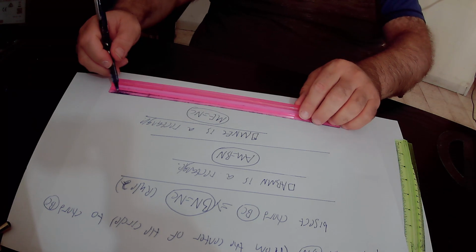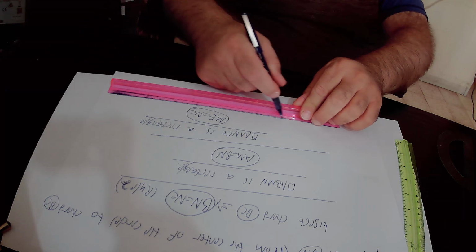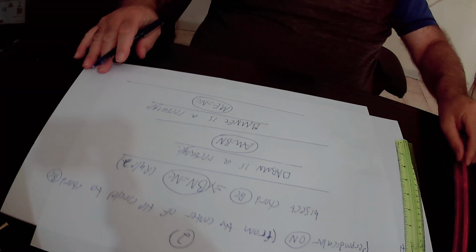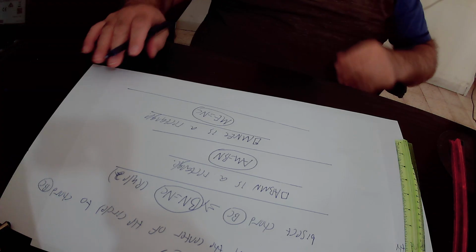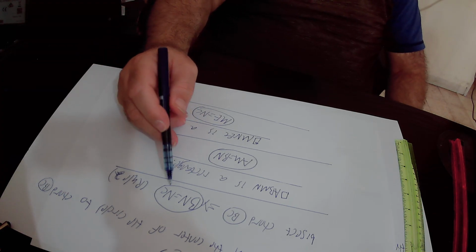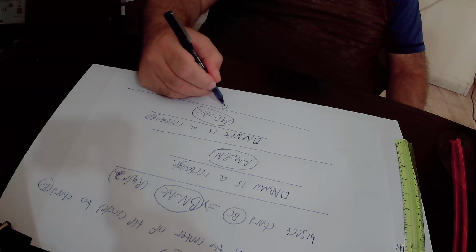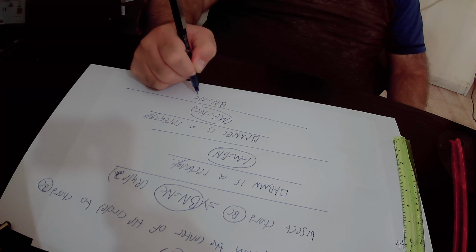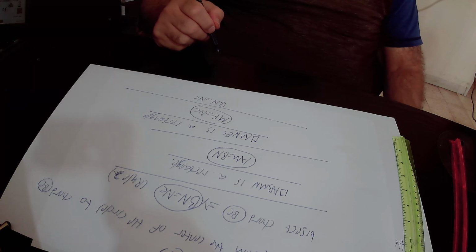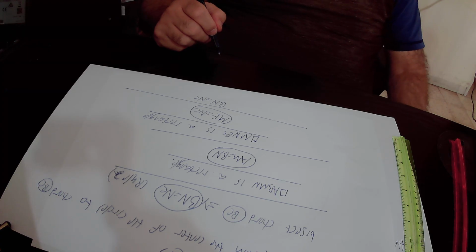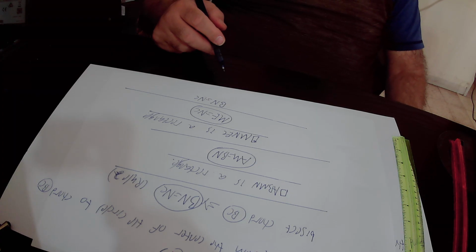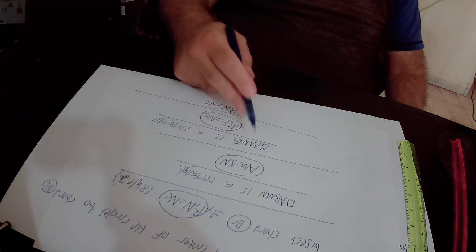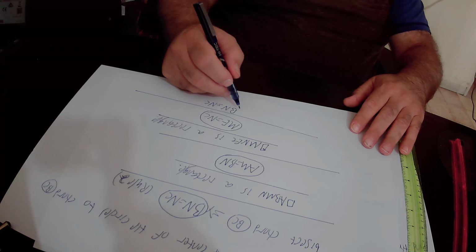So to summarize what we did until now, according to rule number 2, we found out that BN equals NC. But according to the rule that the opposite sides of a rectangle are equal to each other, we found out that BN also equals AM. So you can write here that BN equals AM.